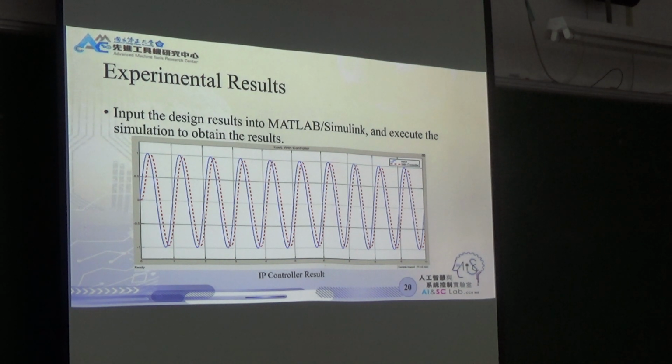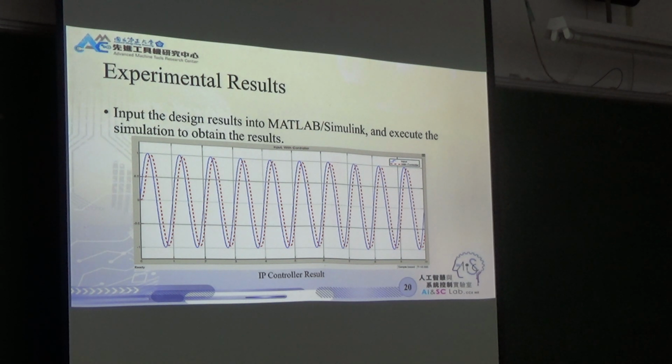And we show the experimental result. You can see the blue one is the ideal output, and the red one is the IP controller result.